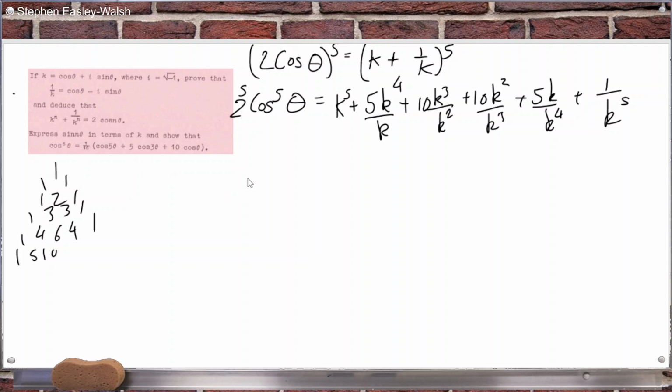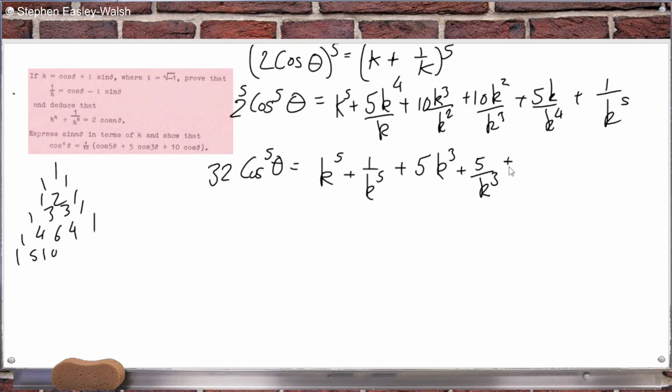Okay, 2, 4, 8, 16, 32. 32 cos^5 theta equals k^5, and we'll pair it off with the last one, 1 over k^5. And then the second one there is 5k^3 plus 5 over k^3. And then the middle one is 10k plus 10 over k.